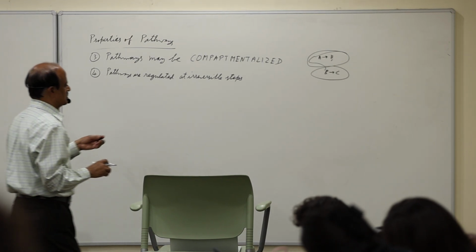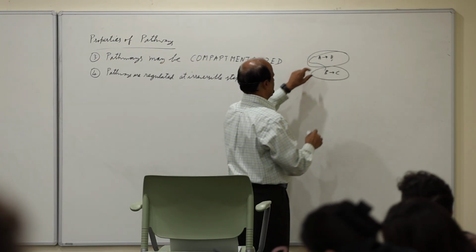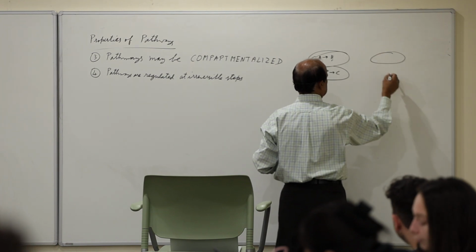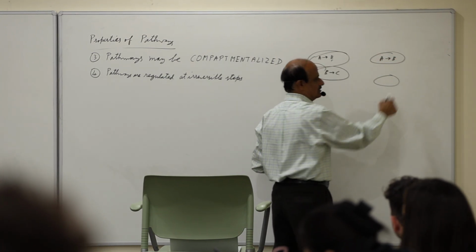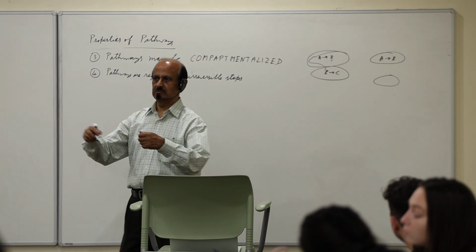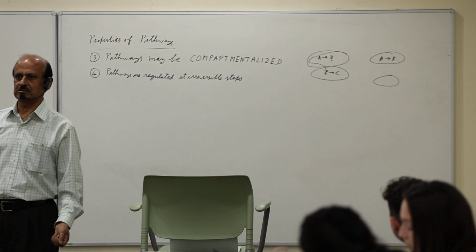If these were two separate proteins, what would happen? A to B happens here, then B has to leave, and then it goes into the cytoplasm and gets diluted.